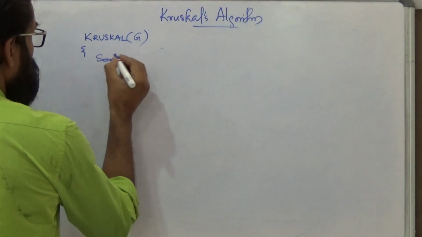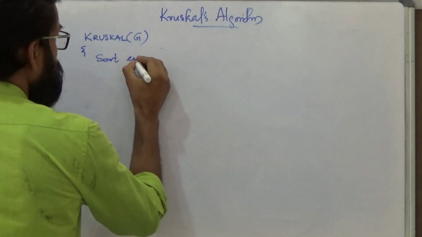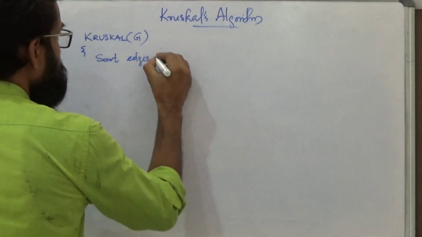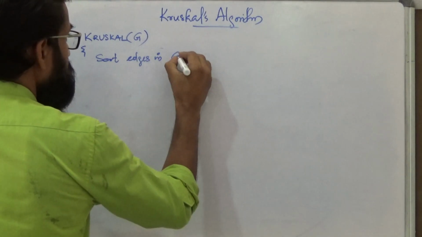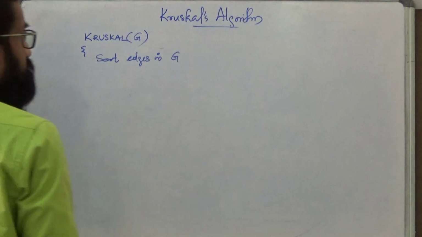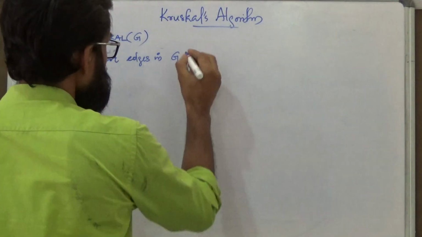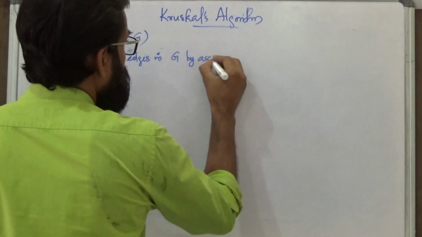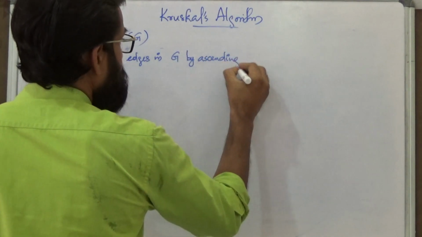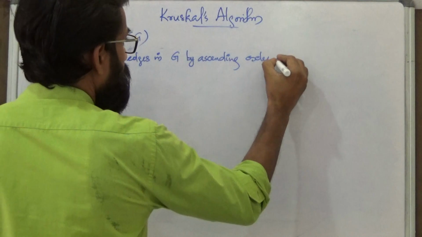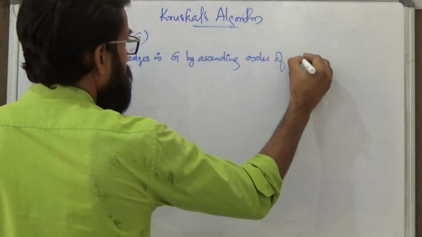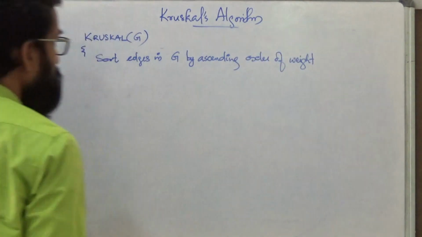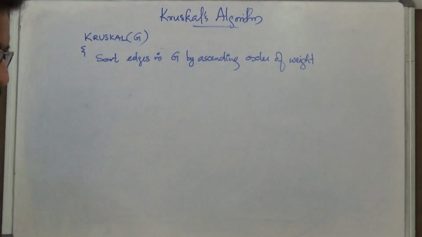Sort edges in G by ascending order of weight. That is the first step.